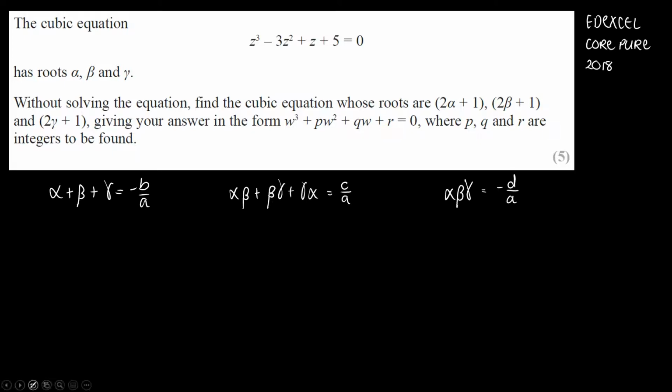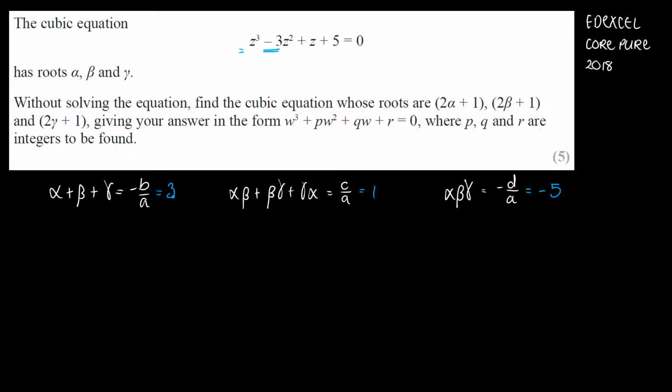So in the case of this first cubic, that is minus 3 over 1, so 3. B is minus 3, so minus b is positive 3, and a is 1. C over a is just 1. And minus d over a is minus 5.